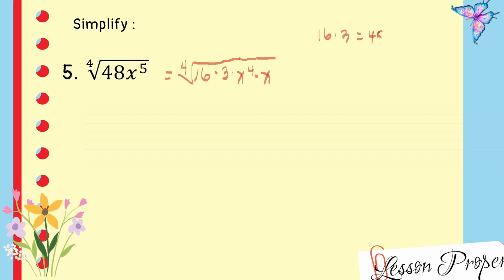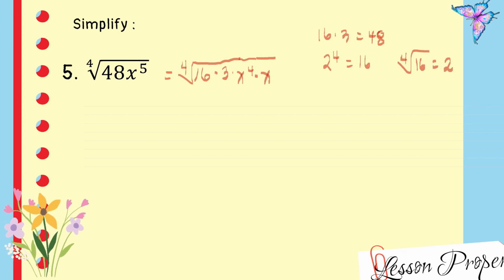Why did we use 16? Because 16 can be written as 2 raised to 4. So therefore, fourth root of 16 is equal to 2. X raised to 4 times x is equal to x raised to 5. Why did we use x raised to 4?